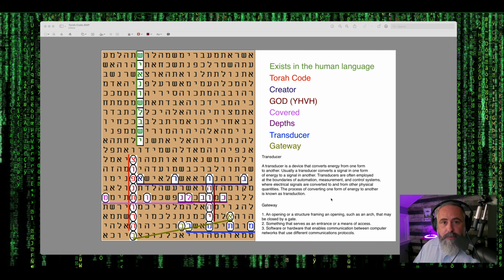In today's episode, we're going to be looking at a new matrix that I found in the Bible Code. And this one, just like all the others, is pretty extraordinary.